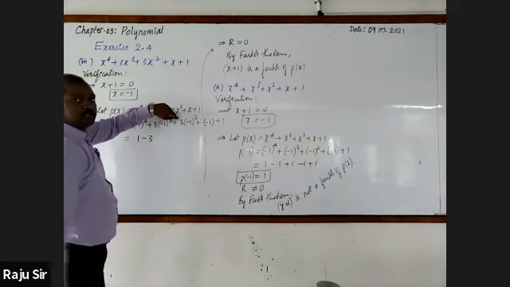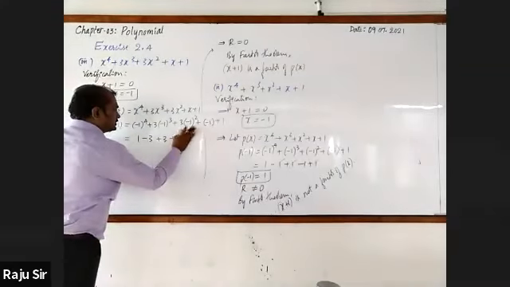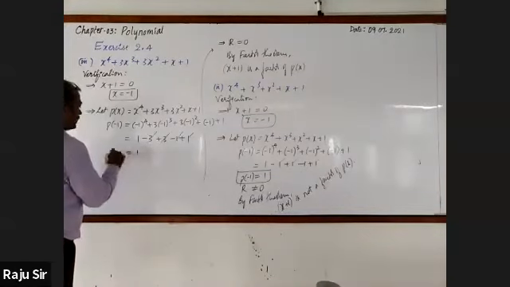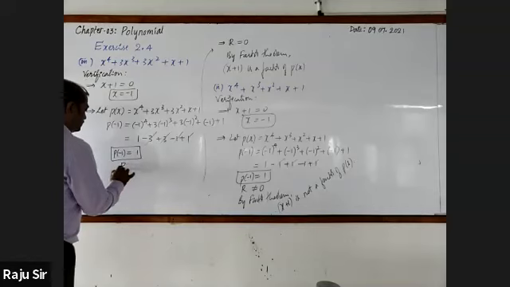Minus 1 whole square is plus 1, 1 into 3 is 3. Then plus 1 into minus 1 is minus 1, plus 1. Minus 3 and plus 3 cancel, minus 1 and plus 1 cancel. Remaining 1.